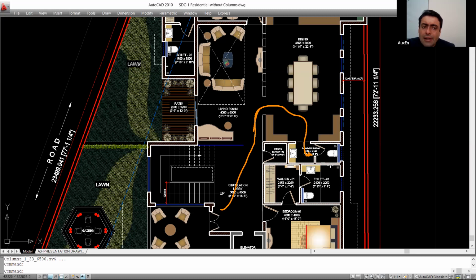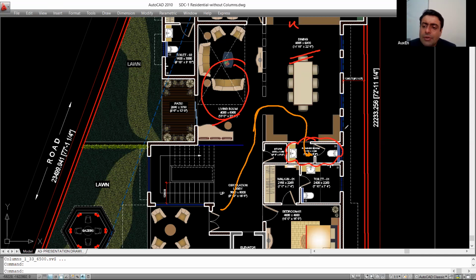So you don't have privacy in the living room, you don't have privacy in the dining space, even your kitchen is visible. So this powder toilet could have been better planned. Of course, these are my personal opinions. This is one thing that I felt.